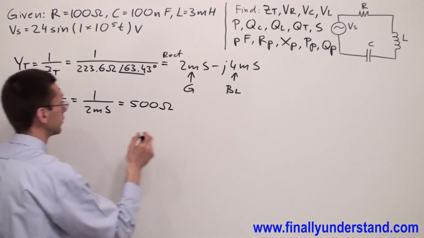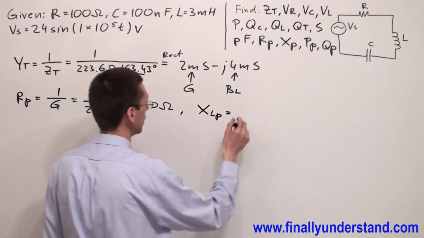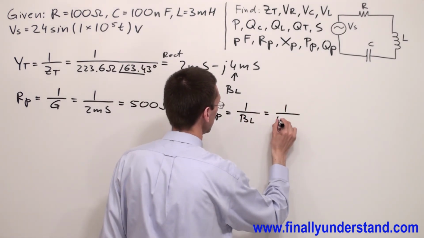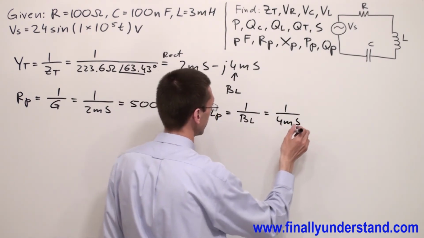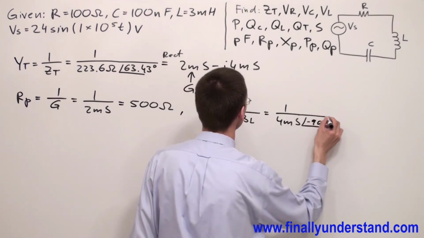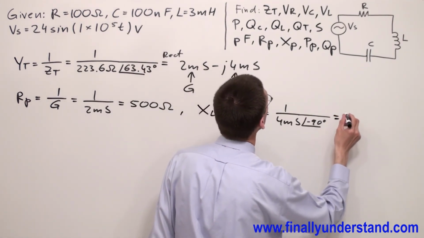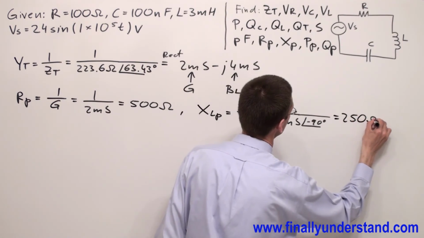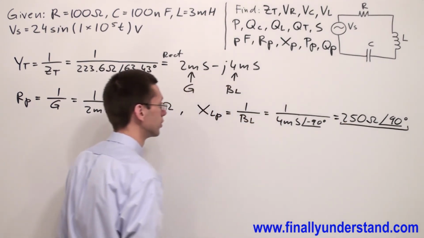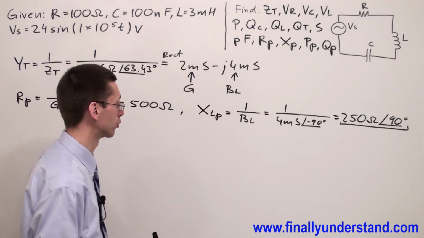Next, I can find XLP, which is equal to 1 over BL, which is equal to 1 divided by 4 millisiemens, an angle of negative 90 degrees, because negative j is equivalent to negative 90 degrees. This is equal to 250 ohms, an angle of 90 degrees. Okay, so this is my inductive reactance in the parallel equivalent circuit.